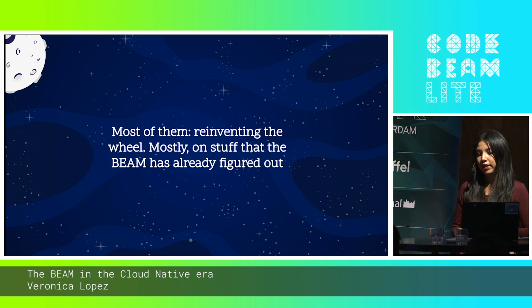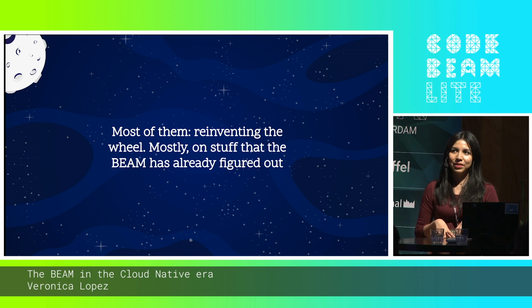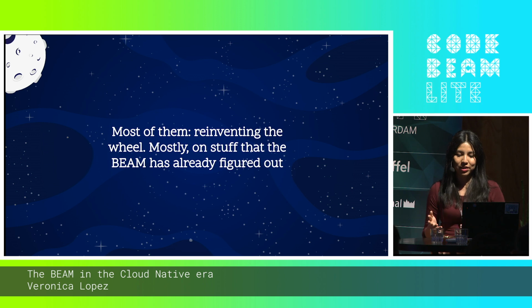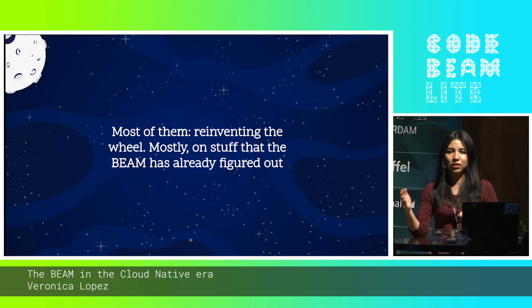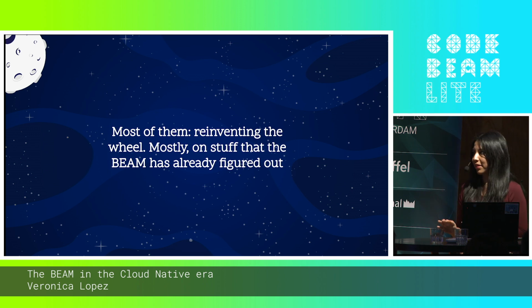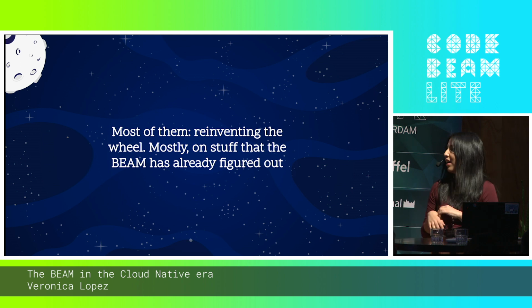But let me tell you the secret. If you're using Kubernetes in production, there are high odds that you will be using a lot of tooling that is not necessary. Probably a blog post, probably a company told you that it is necessary that you use their additional tool. And it probably is making your life easier, but it is not necessary. The only necessary thing you need from Kubernetes is Kubernetes itself, plain vanilla.